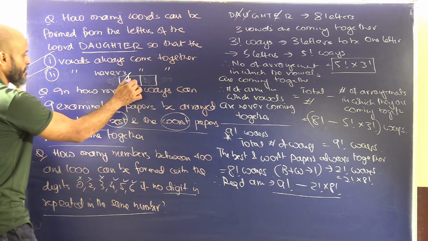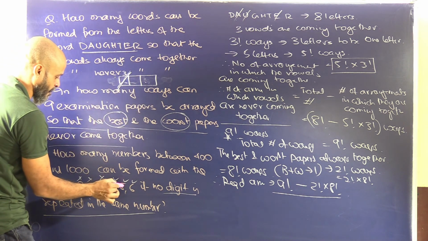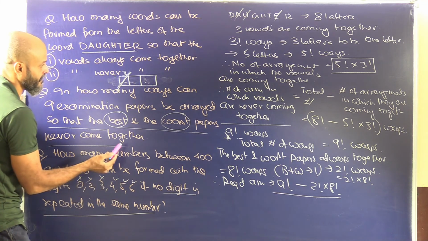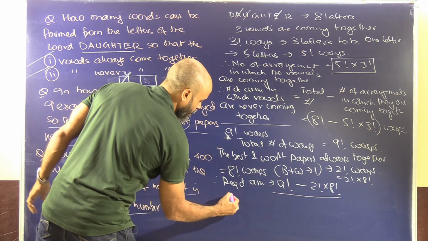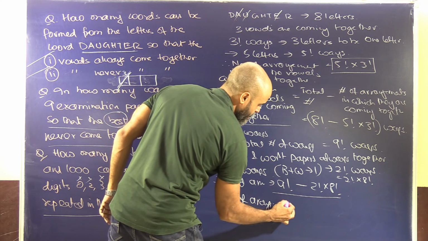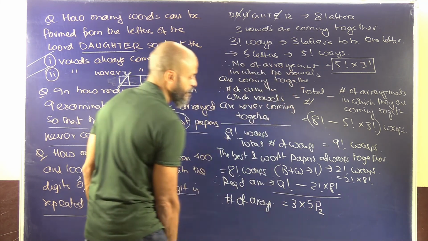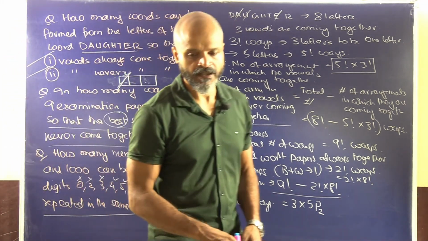So once we have selected one digit out of 4, 5 or 6, we will be left with 5 digits. These 5 digits can be arranged in the remaining two places. Therefore the number of arrangements will be 3 into 5P2. This will be the total number of arrangements for this one.